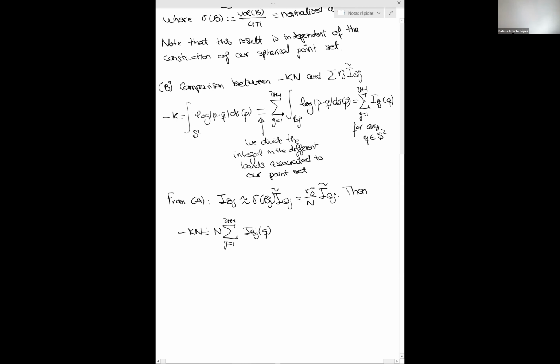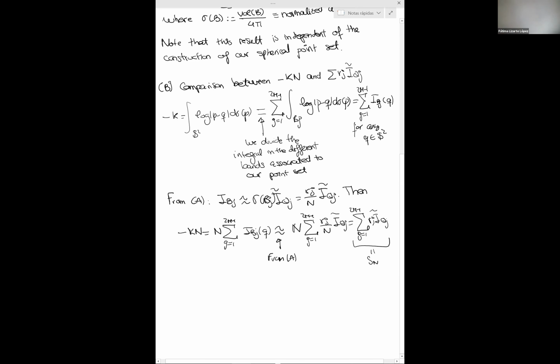We have this from here, and now we use this relation from A. And we denote this sum as Sm.